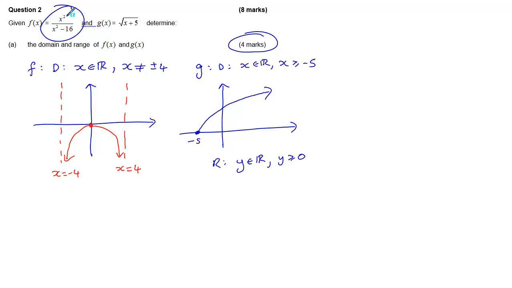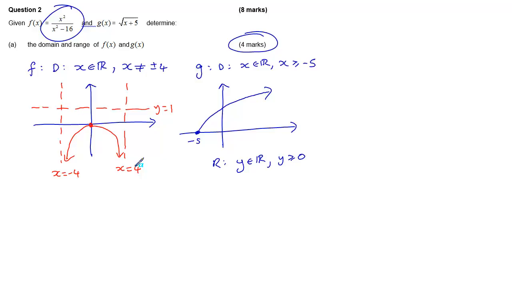Now if we look at the fact that the top is an x squared, and the bottom, the leading term, is an x squared, as x tends to infinity, that must tend to 1. So y equals 1 will be a horizontal asymptote.